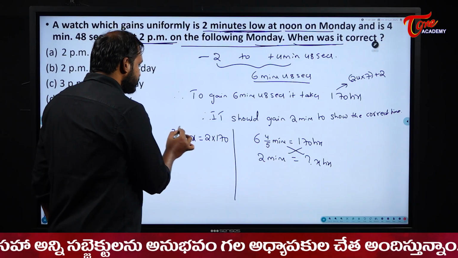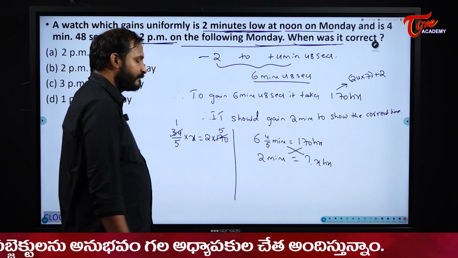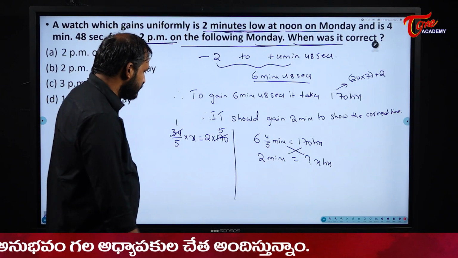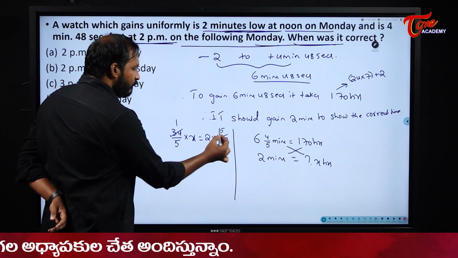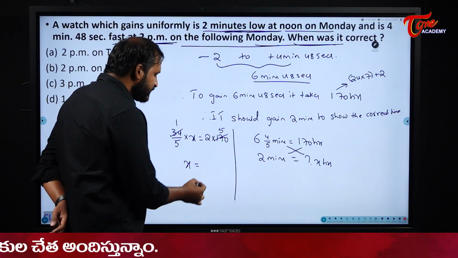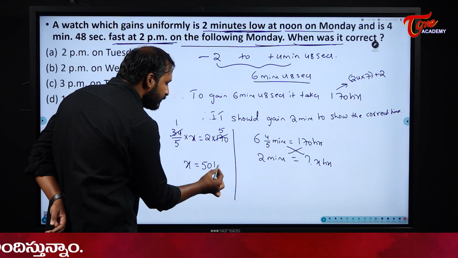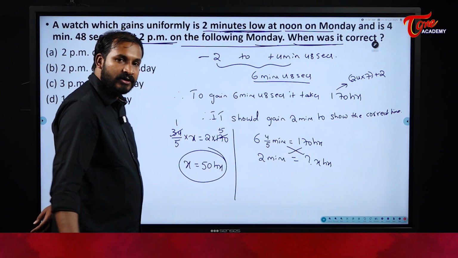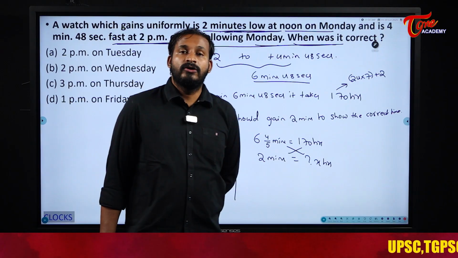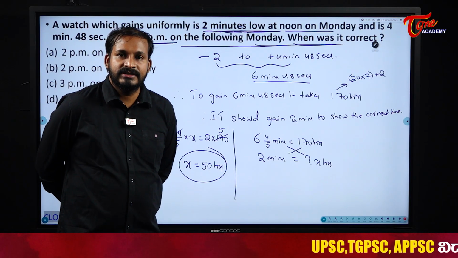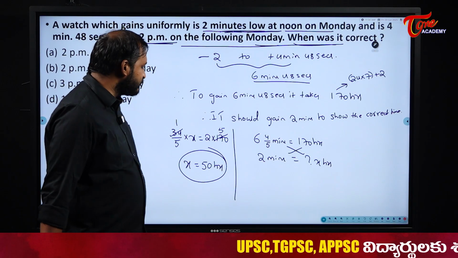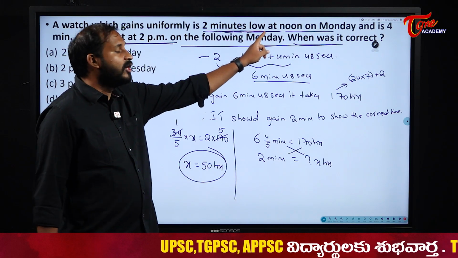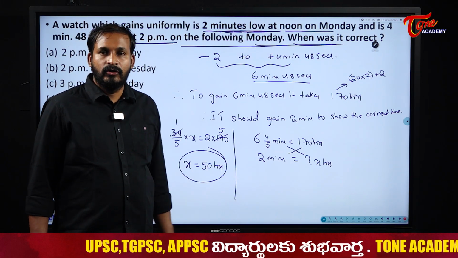So 34 ones are 34, 5s are... Next, the x value will become what? 2 5s are 10, 10 5s are 50 hours. That means it is going to take 50 hours. Okay sir, we got 50 hours. But to what do I need to add this 50 hours, students? I need to add this 50 hours to 12 p.m. on Monday.